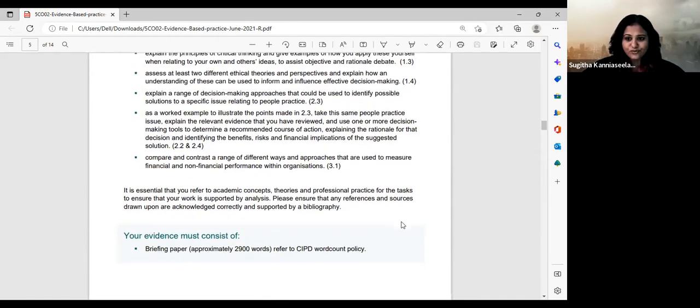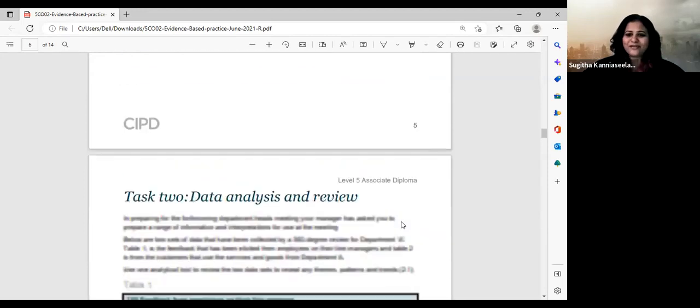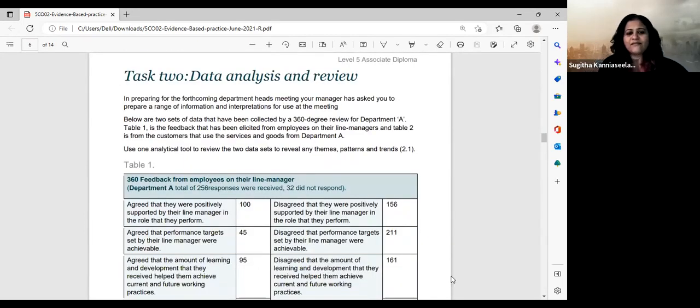I'm going to go to task 2 now. Task 2 is a little bit different. In preparing for the forthcoming meeting, it's a data analysis and review assignment. In preparing for the forthcoming department heads meeting, your manager has asked you to prepare a range of information and interpretation for use at the meeting.